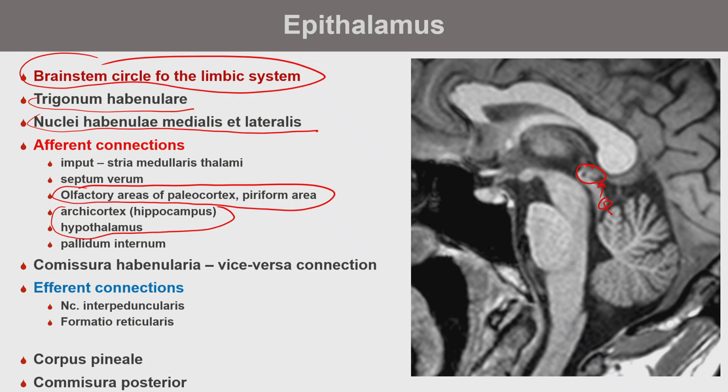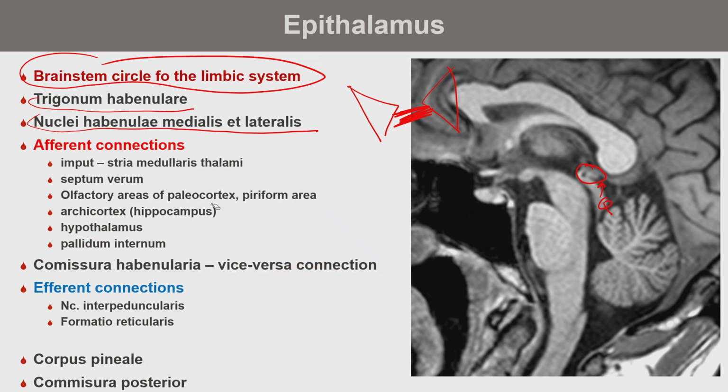Between the habenulae, which have trigonal structures, they have an in-between connection, which is called commissura habenularia, a vice versa connection. So from left to right, from right to left.